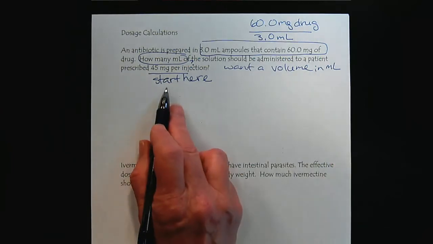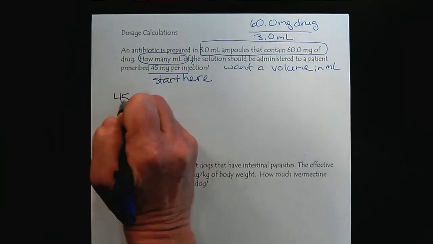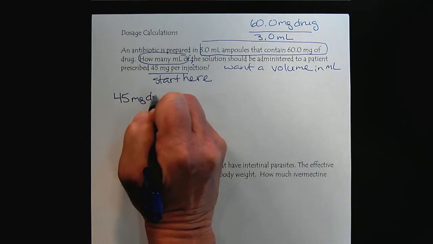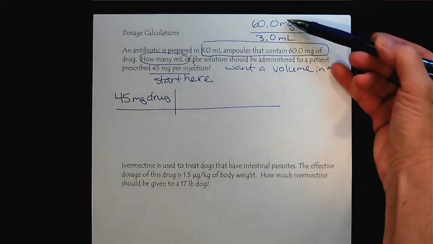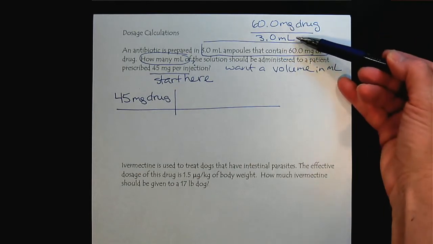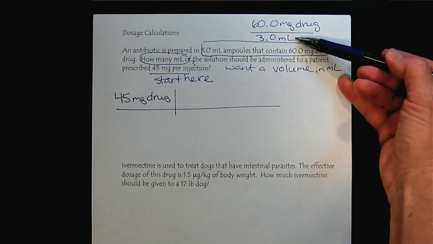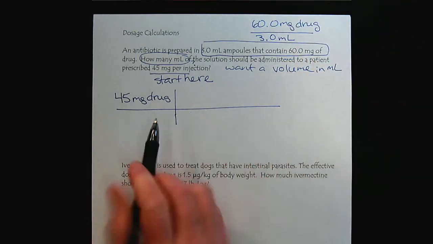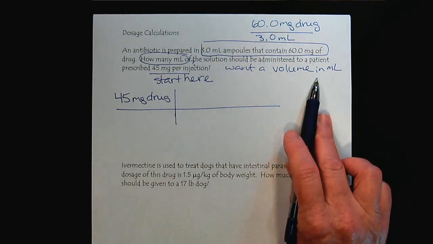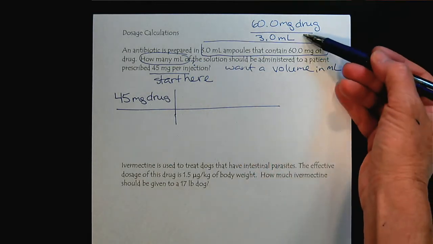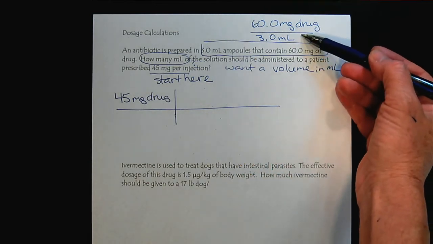So we'll begin here. The patient needs 45 milligrams of the drug. And we know that there are 60 milligrams for every 3 milliliters. So we want to convert from the mass of the drug to the volume of the solution to be administered. And the conversion that's going to get us there is right here.